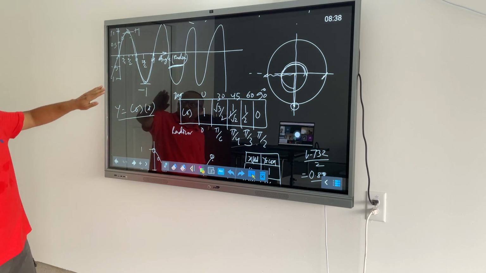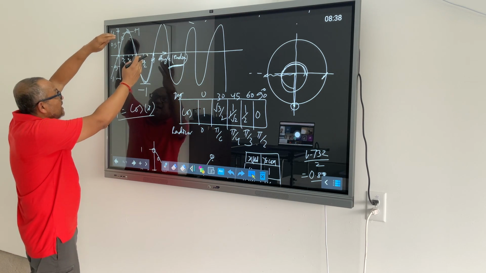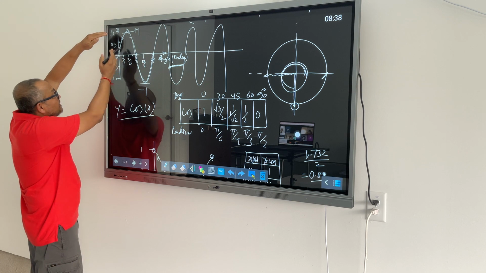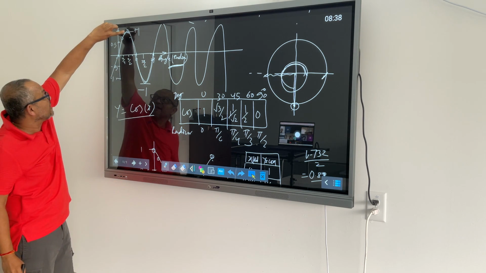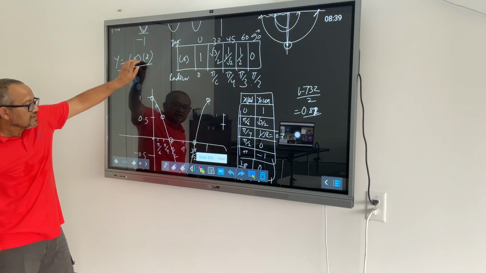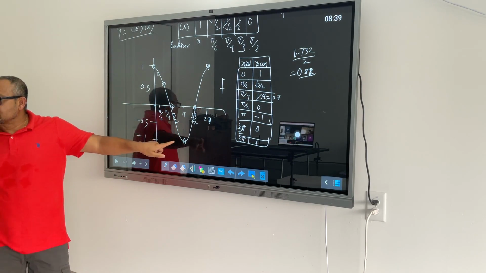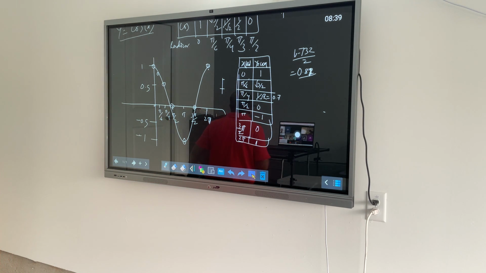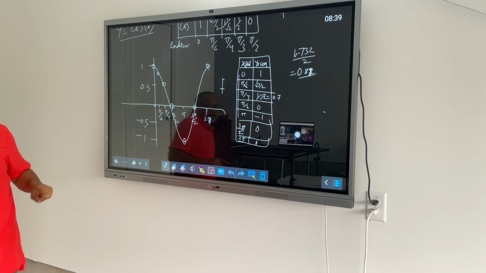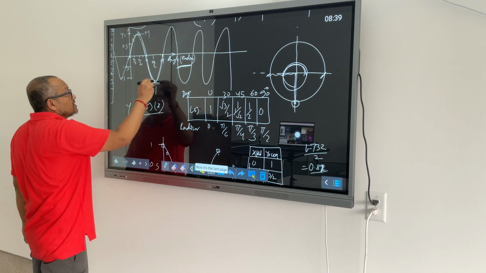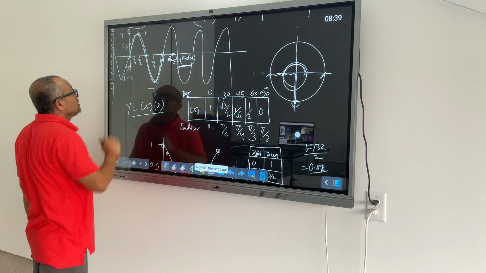So what is happening is, you can think of it like if you shift this sine curve by 90 degree, meaning this point if you move by 90 degree or pi by 2 radian, you will see the same thing that you are seeing here. So sine curve and the cosine curve are nothing different. Only difference is the sine curve starts from 0 and makes this and comes to this point.